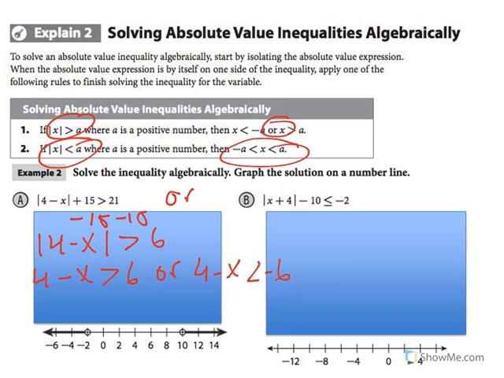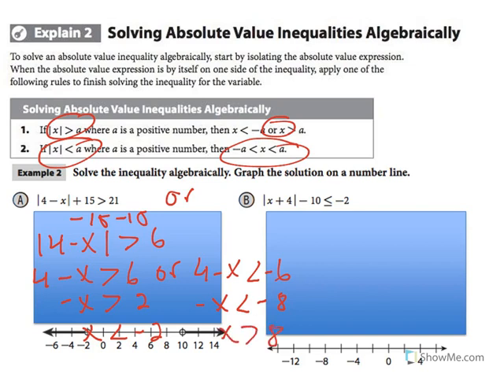So solve for it: subtract 4 from both sides, so we have negative x greater than 6 minus 4, which is 2, and divide by negative 1, so x is less than negative 2. And then subtract 4 from both sides, so we have negative x is less than negative 8, divide by negative 1, switch the inequality, x greater than 8.